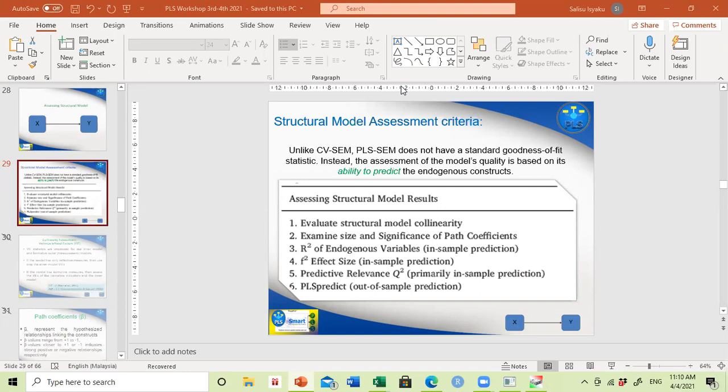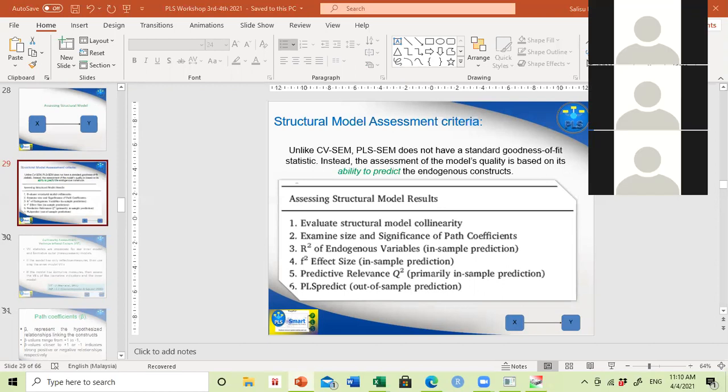What do you need this face for? Only half. Wait, let me stop sharing. Salisu, you must always adjust your screen. Maybe the screen is not well adjusted. But it doesn't matter. Thank you, doctor.